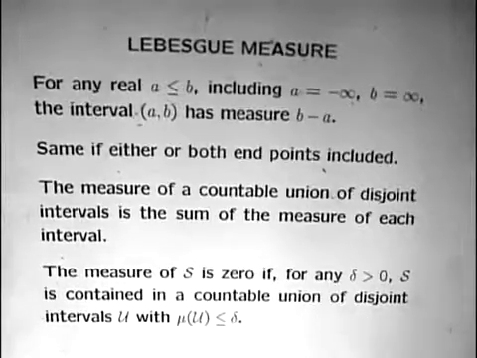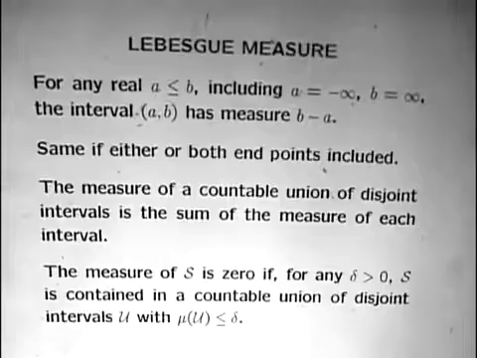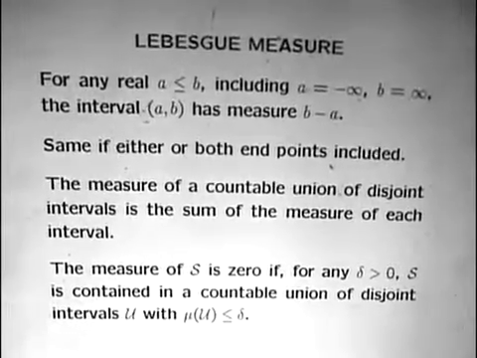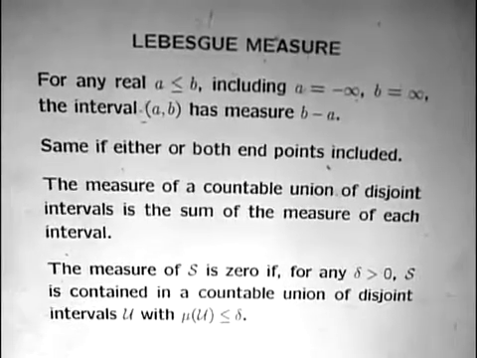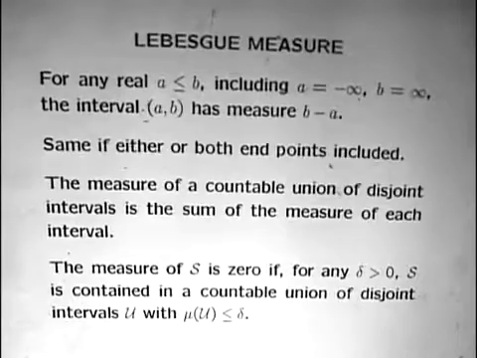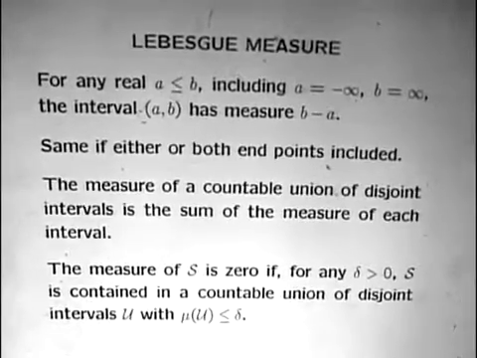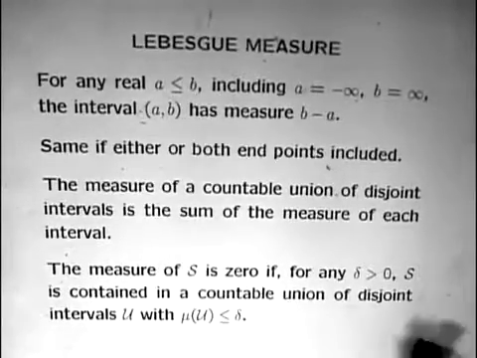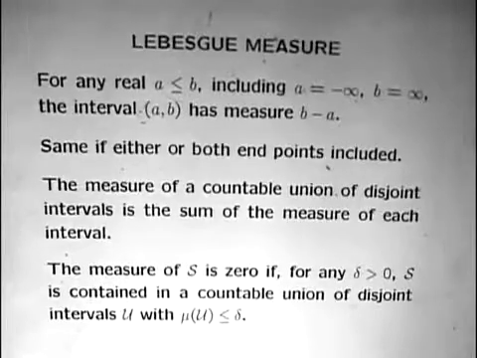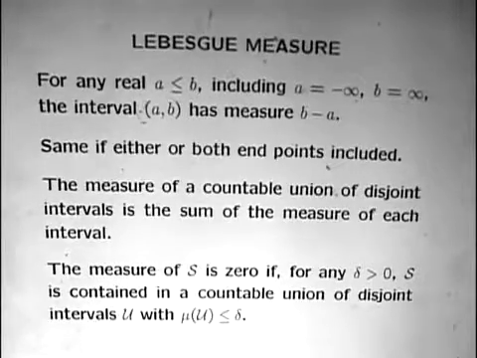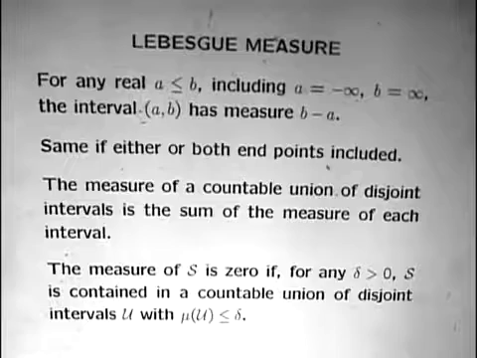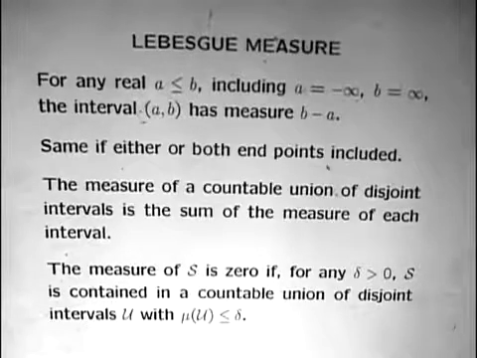So anytime you have a set S and you can cover it with intervals which have arbitrarily small measure, namely we can make the measure of those intervals as small as we want, we say bingo, S has 0 measure. Now that's going to be very nice because it lets us get rid of an awful lot of things.